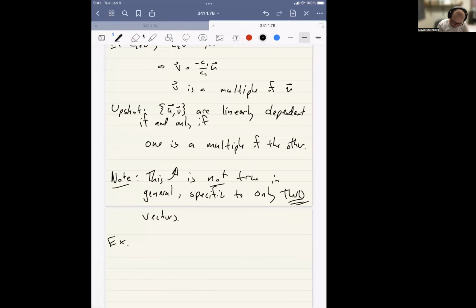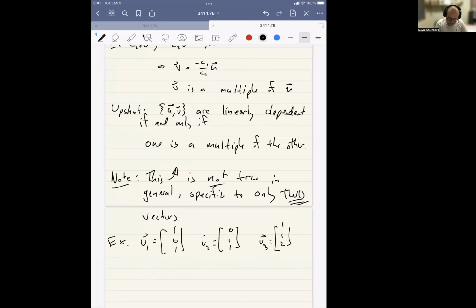So if we take v1 to be 1, 0, 1, we can take v2 to be 0, 1, 1. We can take v3. Let's do the simplest possible thing and take the sum of these two. So that's just 1, 1, 2. Then clearly, no one vector is a multiple of the other, because any multiple of v1 would still have a 0 in the second spot.